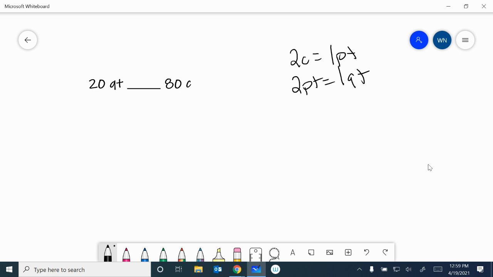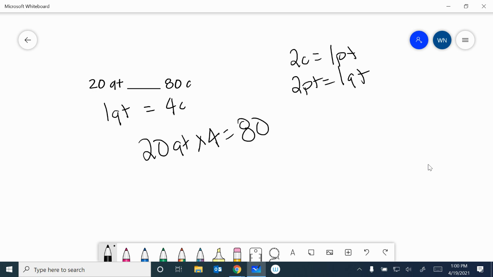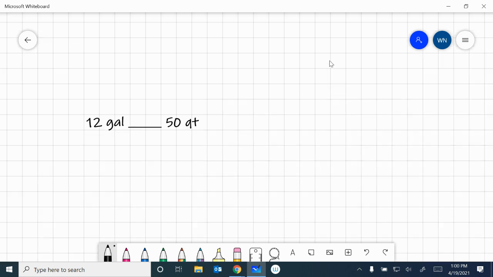So that tells you that there are 4 cups to every 1 quart. So 1 quart equals 4 cups. So 20 quarts times 4 cups per quart would get me 80. So again, these are equal.